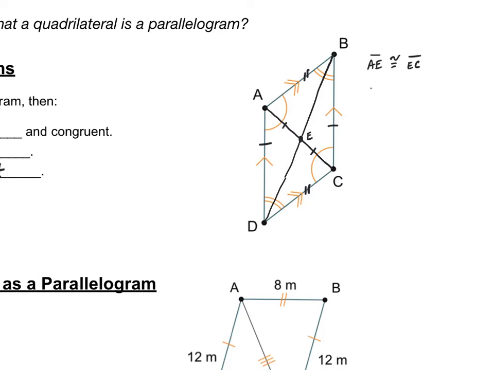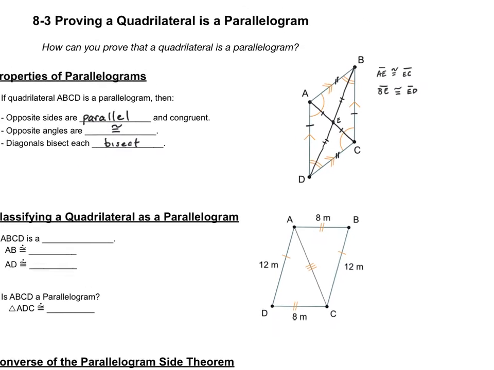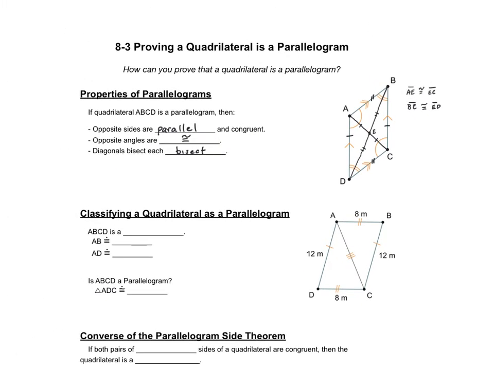And segment BE is also going to be congruent to segment ED, because again, it was bisected, so that means it cut those in half. Those are the properties of parallelograms.